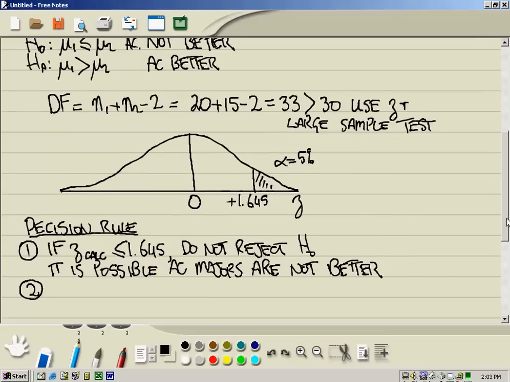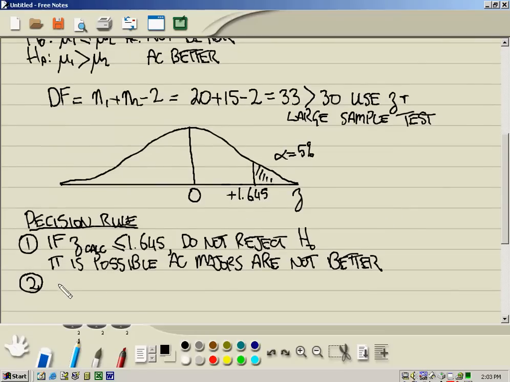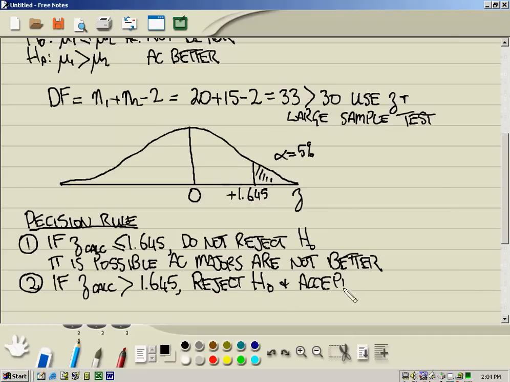Alternatively, if z-calc is greater than 1.645, now we're sufficiently far enough away, we can reject the null. Alright, so the null is unlikely, and in its place accept the alternate.